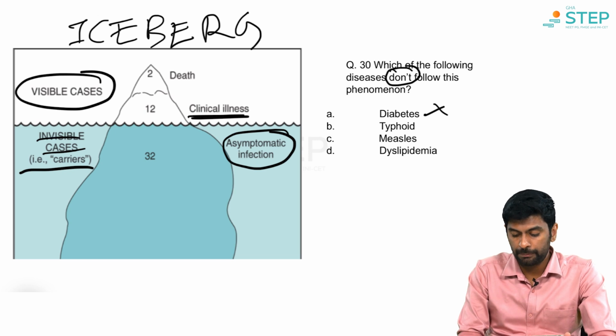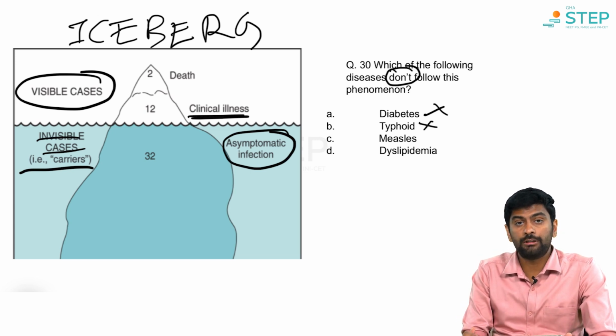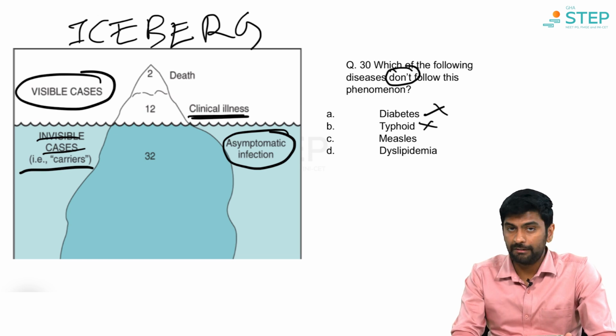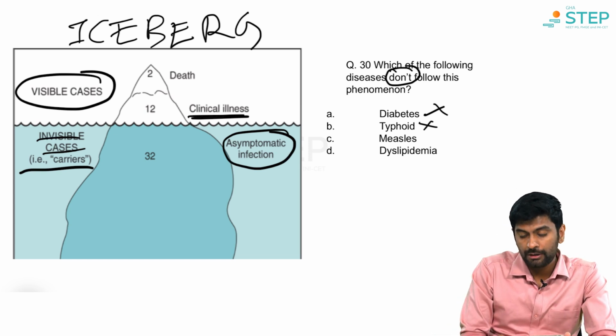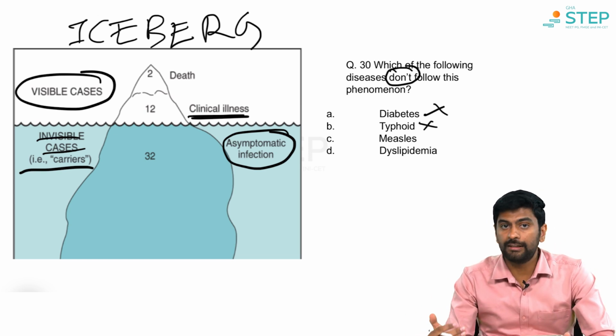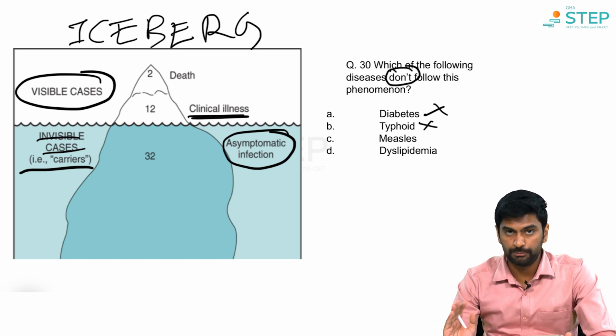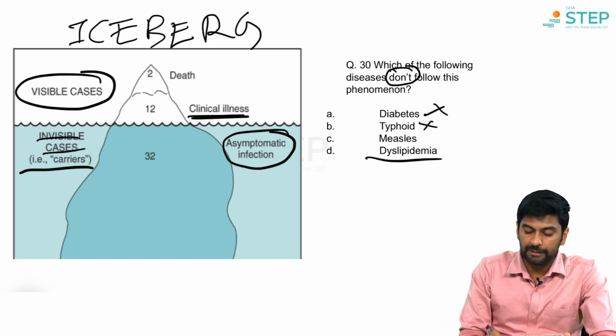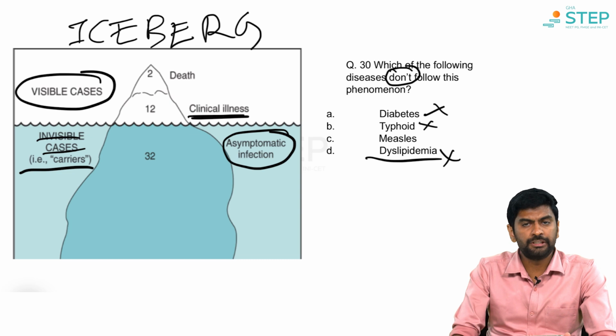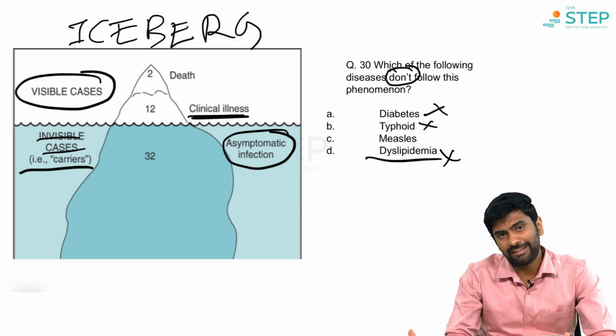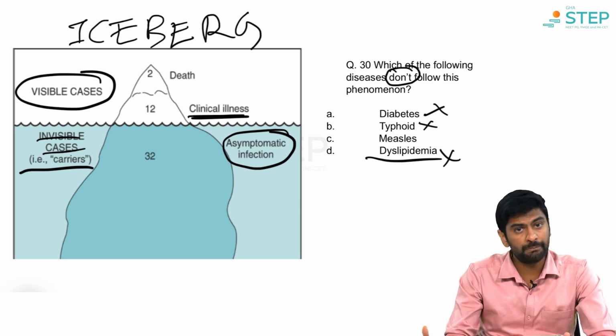So, that's ruled out. Next, we have typhoid as well. The infamous story of Typhoid Mary, as she was a carrier, and then there are those who are symptomatic as well. So, this again follows the iceberg phenomenon. Next is dyslipidemia. Just like any other non-communicable disease, a lot of it is not detected because patients don't come in for treatment.